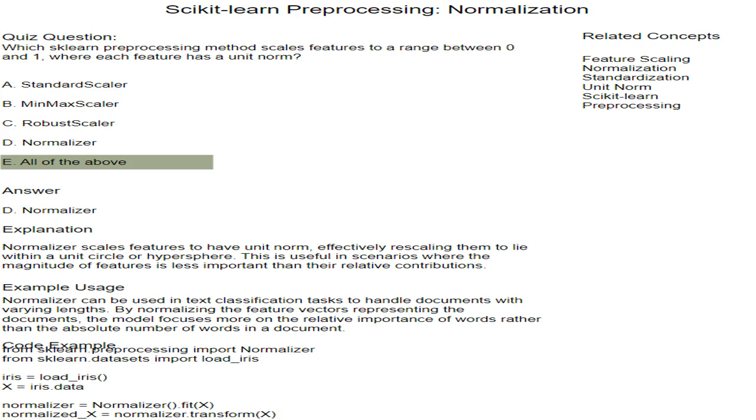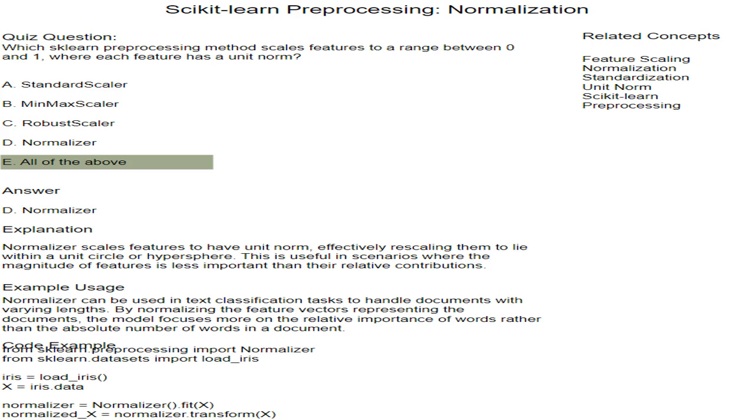from sklearn.preprocessing import Normalizer; from sklearn.datasets import load_iris; data = load_iris().data; normalizer = Normalizer().fit(data); normalized_data = normalizer.transform(data). In this example, the code demonstrates how to use the Normalizer class in scikit-learn.